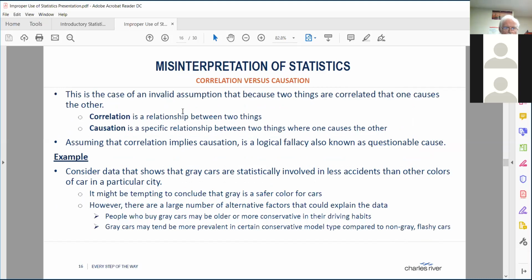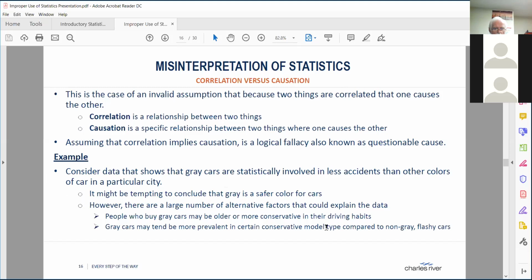Correlation is a relationship between two things. Causation is very specific of one thing causing another. Let's just see as an example, data show that gray cars are statistically involved in fewer accidents than other colors in a particular city. It might be tempting to conclude that gray is a safer color.